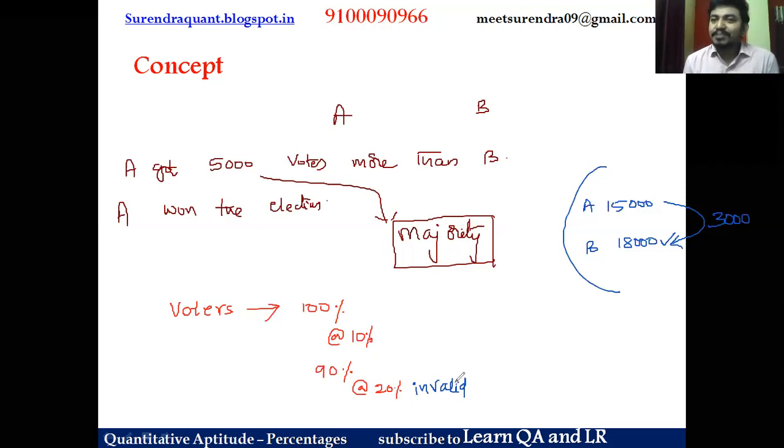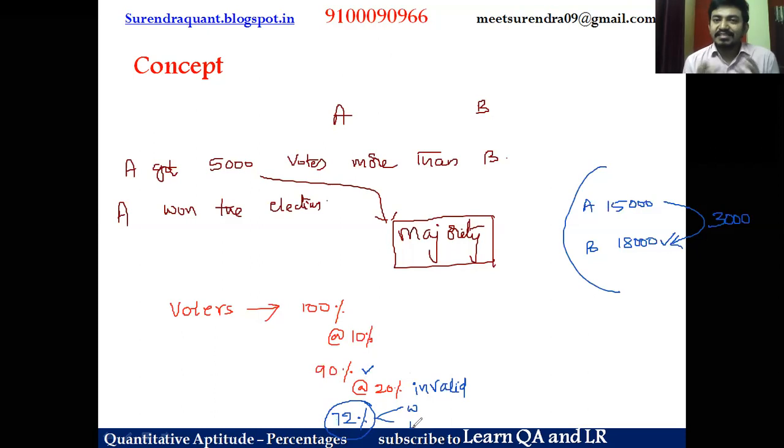On the number of votes polled, right? So 90% are polled. In this, 20% are invalid, friends. So 10% is 9, 20% is 18. So if 18 is invalid, then 72% are valid. Now from this 72%, winner and loser will get the votes.